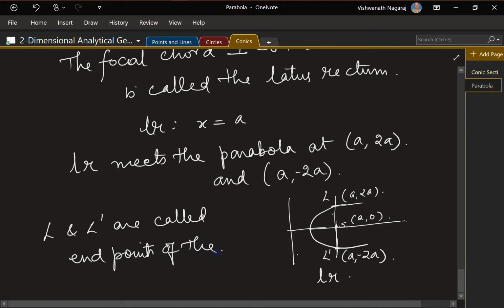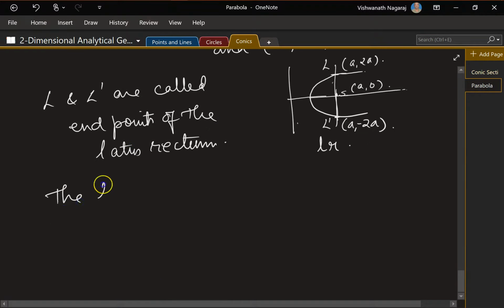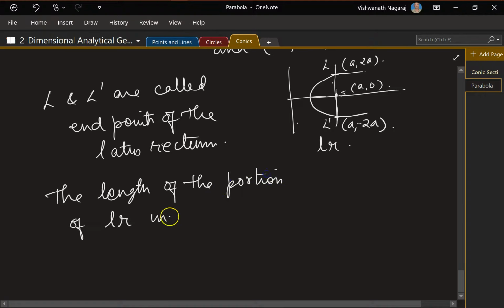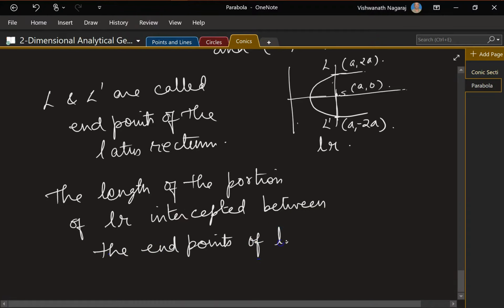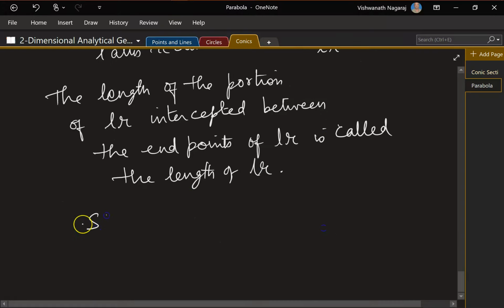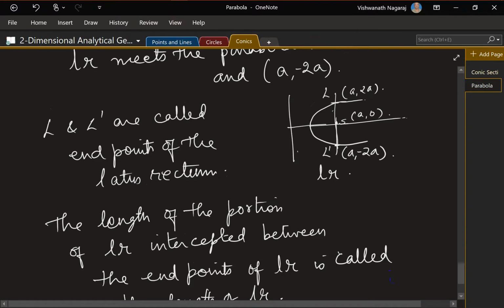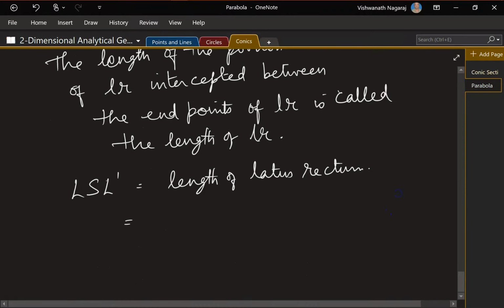Now L and L prime are called the end points of the latus rectum. The length of the portion of LR intercepted between the endpoints of LR is called the length of LR. So LL prime would be equal to the length of the latus rectum. Now we know the coordinates, so we can find the distance between them.